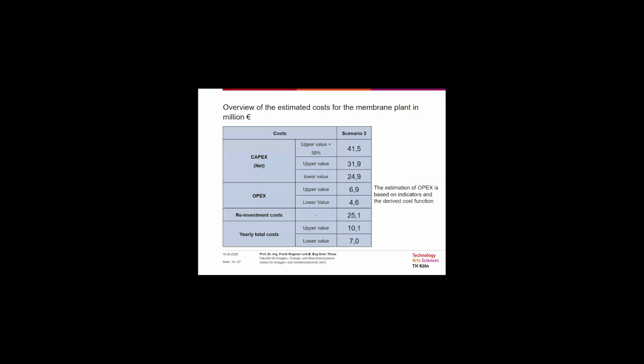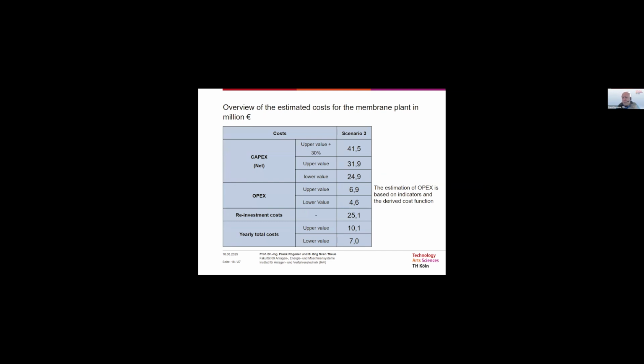The operating costs were estimated based on several indicators, and from these indicators, cost functions were derived. So in the end, we can say that the yearly total costs of this new plant would be about 7 to 10 million euros per year.